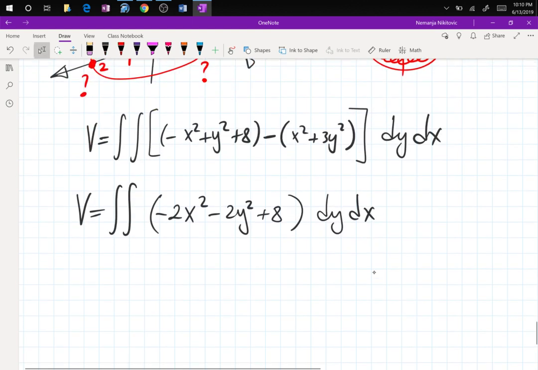Then I'm going to kick out negative 2 in front of the integral. Note that I'm ignoring limits for rectangular coordinates, because we are just going to set up limits later from our picture.